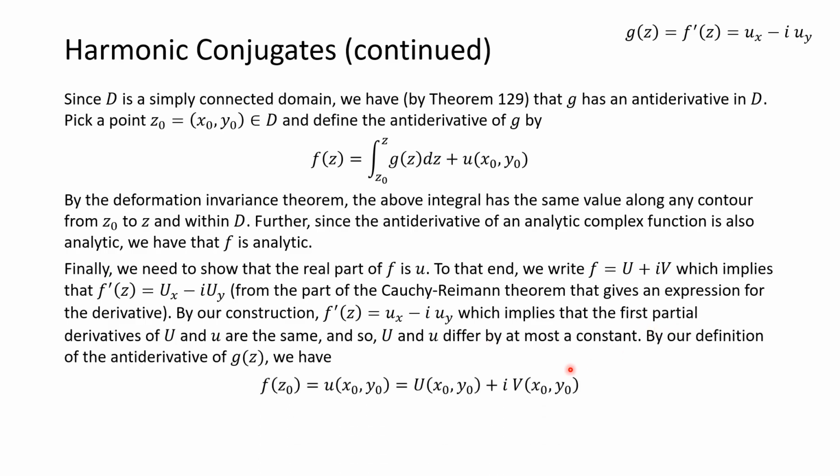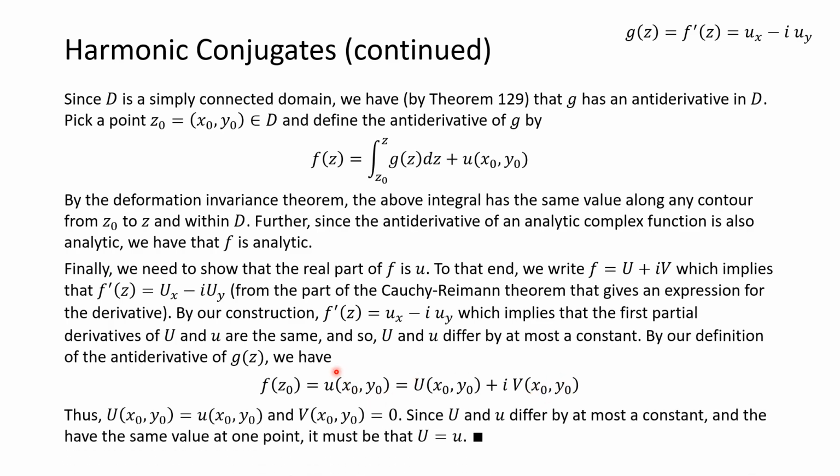And then if we use our definition of the antiderivative of g of z, basically this here, plug in f of z sub 0, and you notice if we go from z to z sub 0, this is 0, and then we just get u of x sub 0, y sub 0. And if we plug in z sub 0 into this, we get capital U of x sub 0, y sub 0 plus i v times x sub 0, y sub 0. Then we can equate the real parts on both sides of this equality.